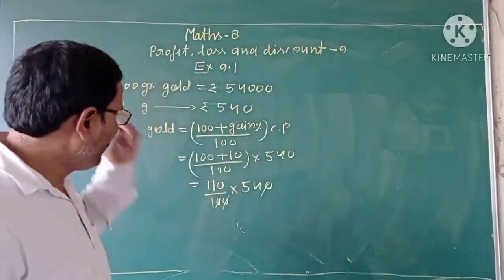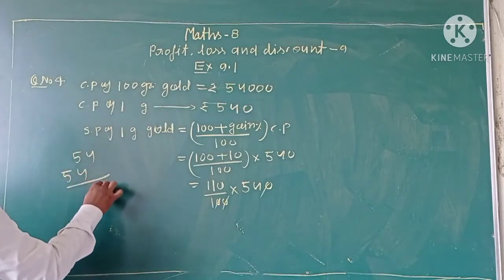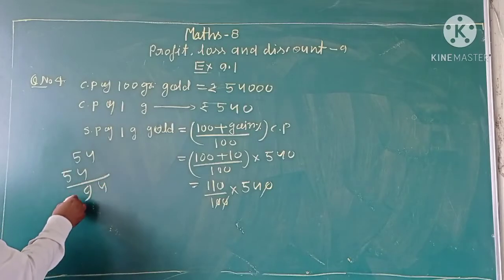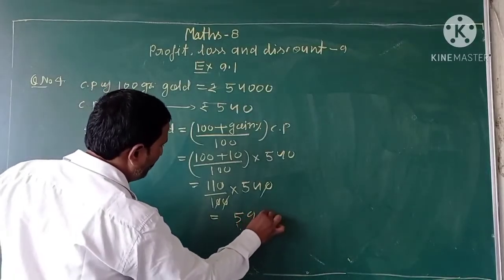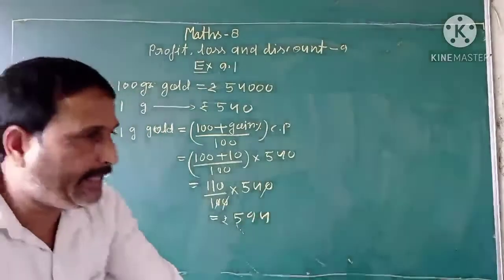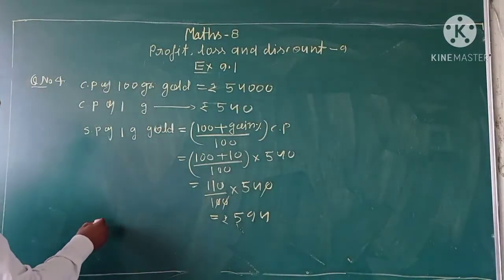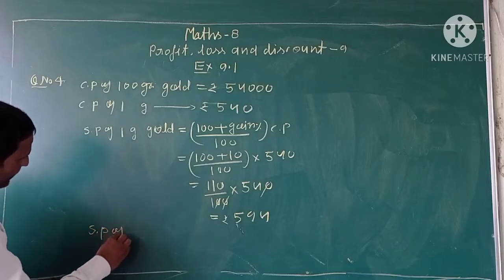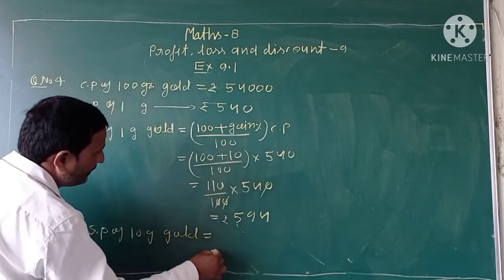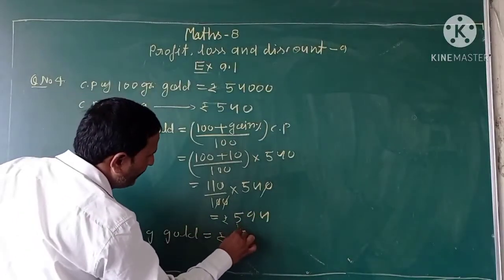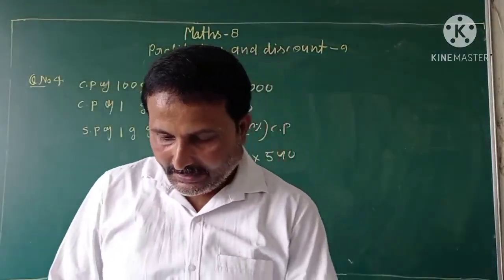Multiply and the answer will come 594 rupees. That is SP of 1 gram gold. Then SP of 10 gram gold, multiply by 10, is 5,940 rupees. That is your first part.